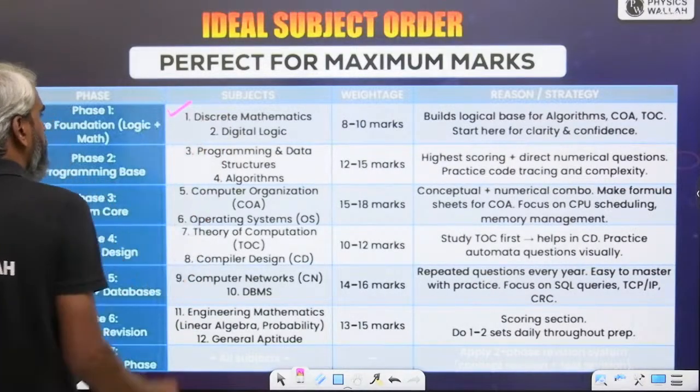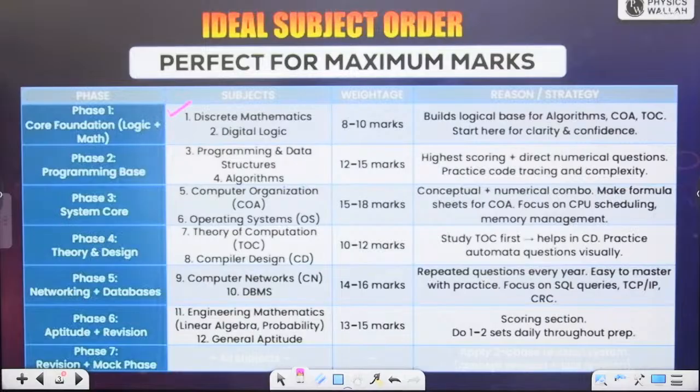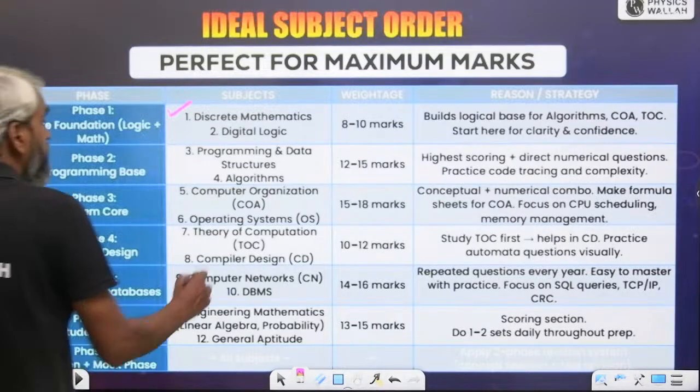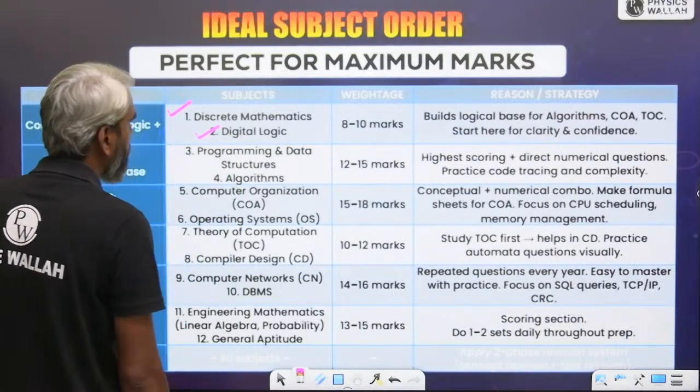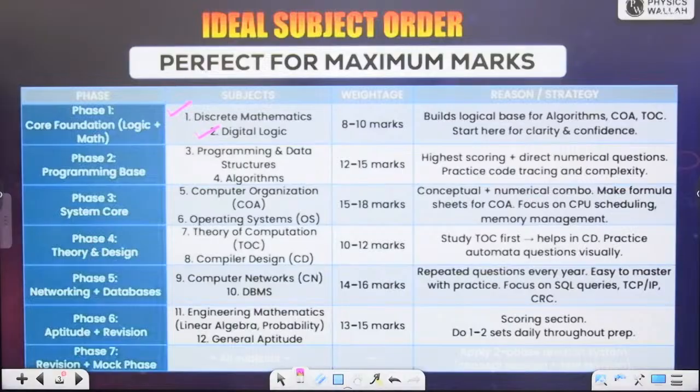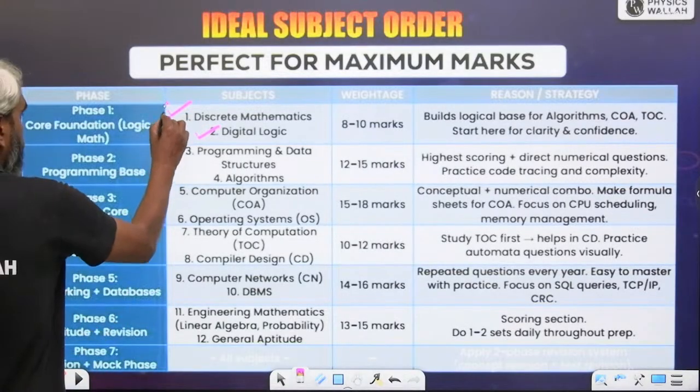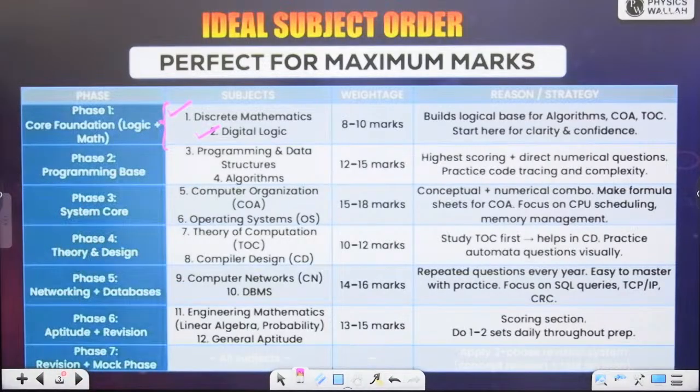One of the concepts that is discussed in the discrete mathematics is the concept of counting, and another concept is the concept of sets, and this too can be applied in almost all these subjects. Along with that, digital logic will also become a core because it will help you in understanding the computer organization and architecture. At the same time, it will help you to understand the operating system. So this too eventually becomes the core foundation.